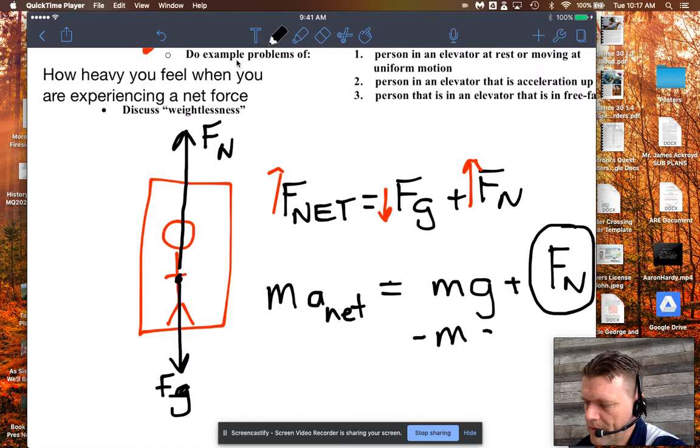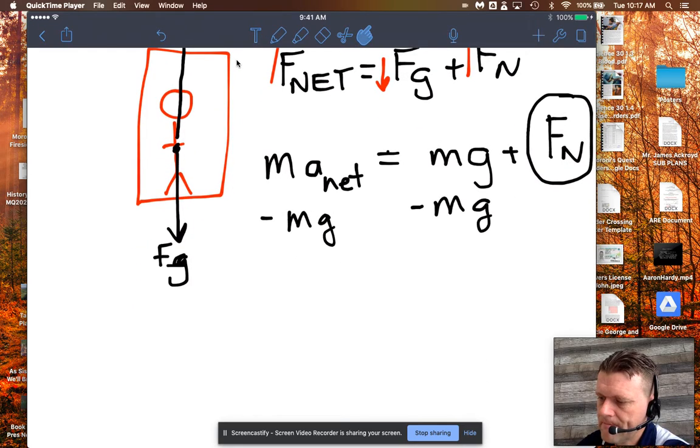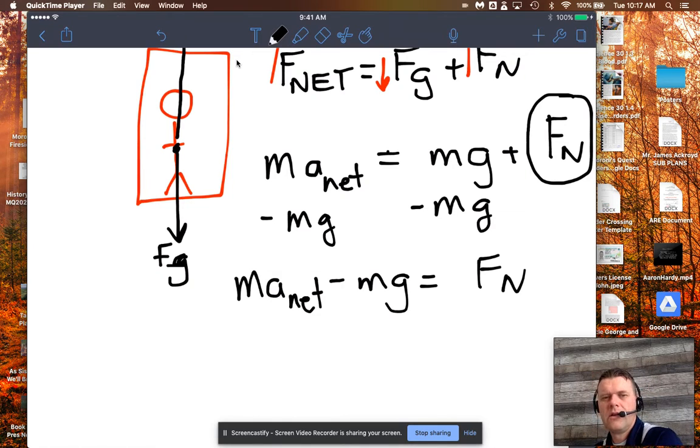To do that, I would subtract mg from both sides. And now I get an expression that looks like this: m a_net minus mg equals Fn. And there's a way to kind of simplify this if you want. You can add this one to your formula sheet. We can factor out those m's.